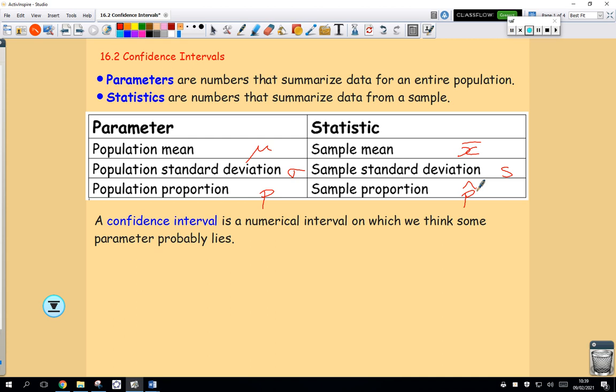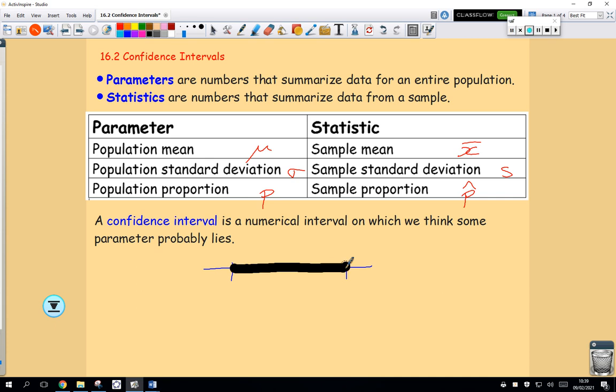So a confidence interval is a numerical interval on which we think some parameter probably lies. What is a confidence interval? Well, it's an interval. An interval is a collection of numbers that have a lower limit and an upper limit, and it contains every single number between them, including the lower and upper limit.